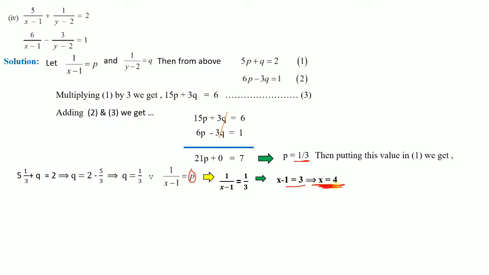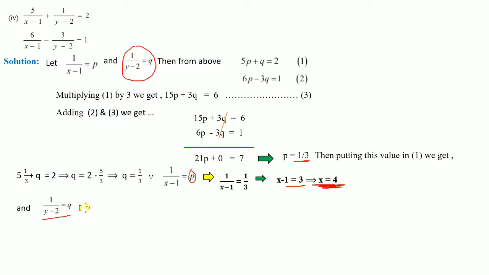Similarly, we have 1 upon y minus 2 is equal to q, and the value of q is 1 upon 3.